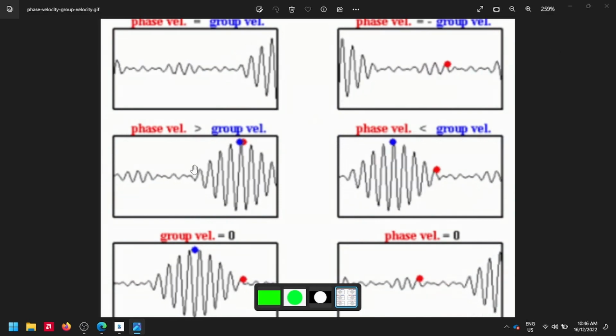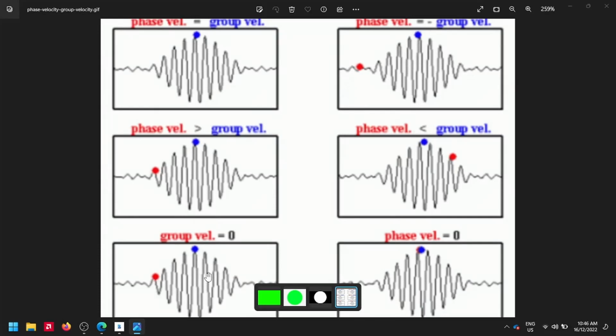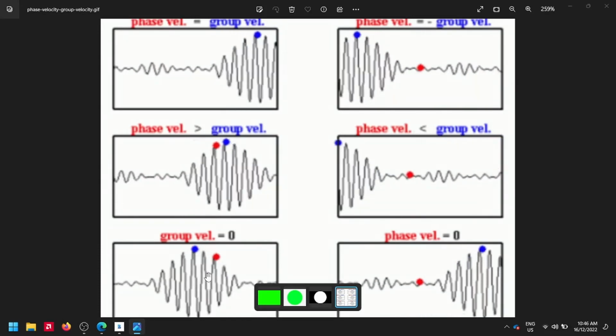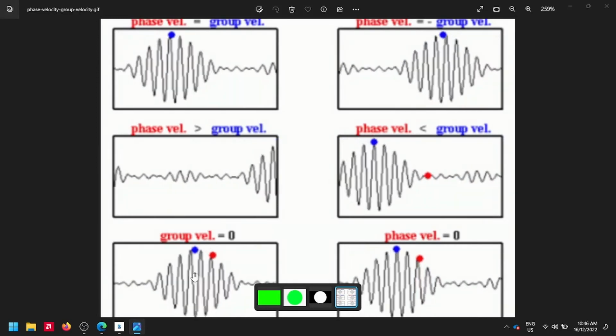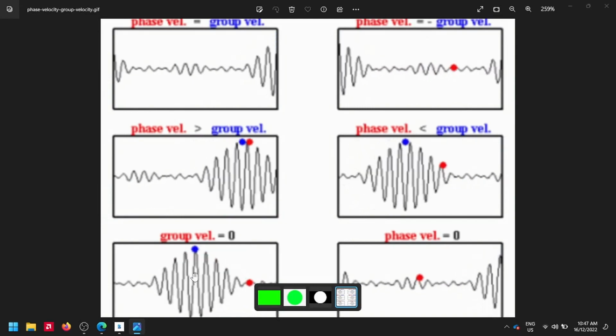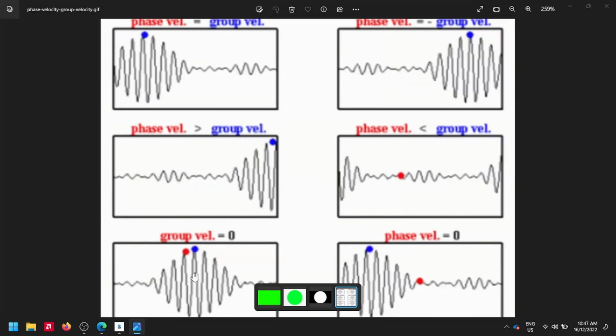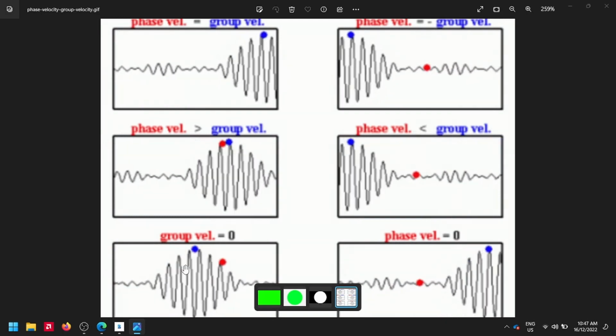Do you get the idea? So this is an example where we have a stationary packet, so the group velocity is equal to 0. The blob, you know the blob, B-L-O-B, the blob is staying there, it is stationary, but the peaks are moving. So the phase velocity is clearly not equal to 0, but the group velocity is equal to 0 for this particular scenario.